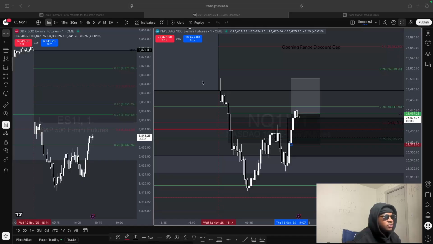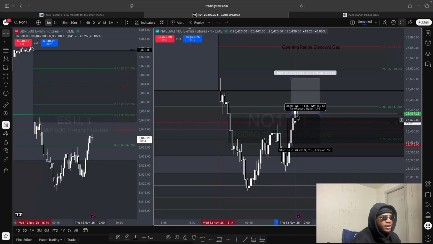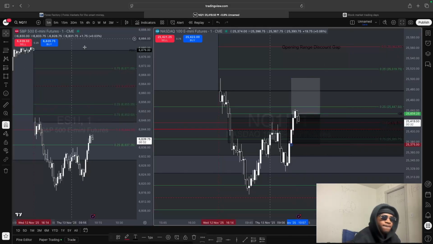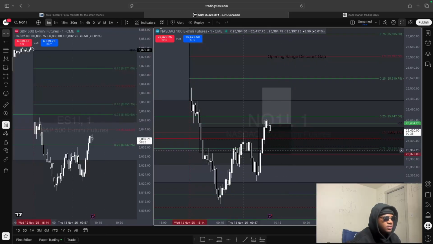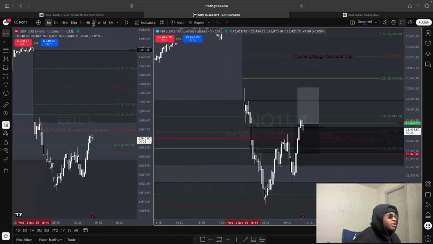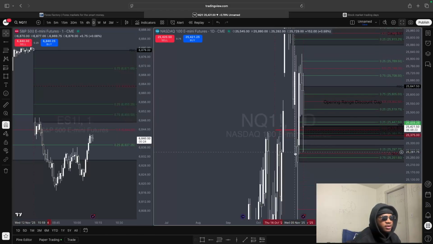Now that's my good entry line. See, it did it during the macro. That's why I entered. I'm gonna delete this daily for right now because this is low key pissing me off. It's in my way.